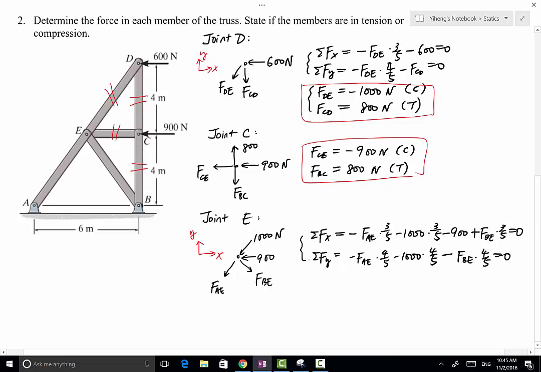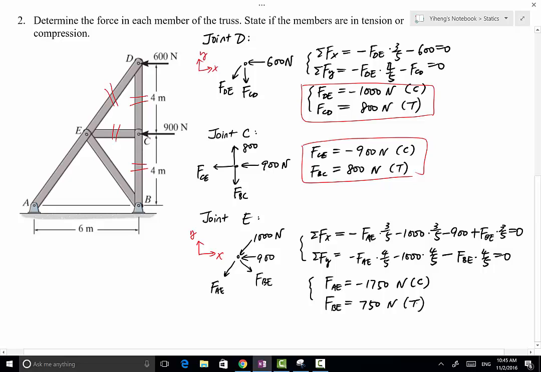So again, two equations, two unknowns, FAE and FBE. From here we can solve for both of them. FAE equals negative 1,050 Newton, the negative sign meaning it is a compressive force, and then FBE equals 750 Newton, a tensile force.